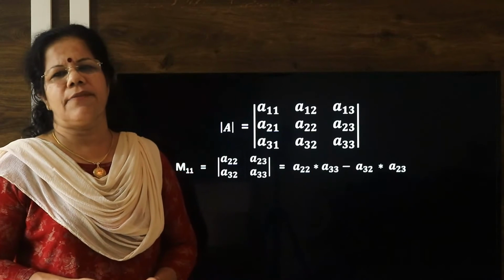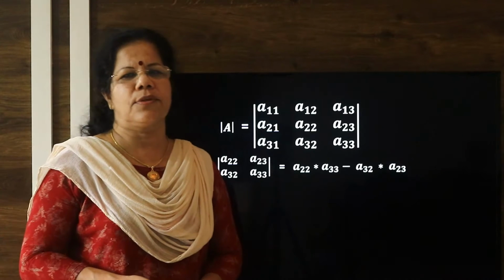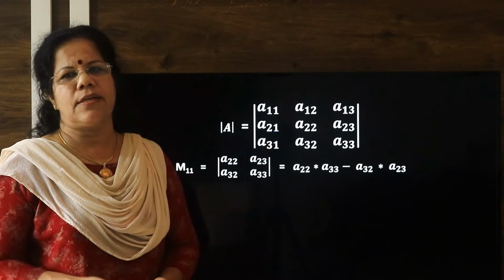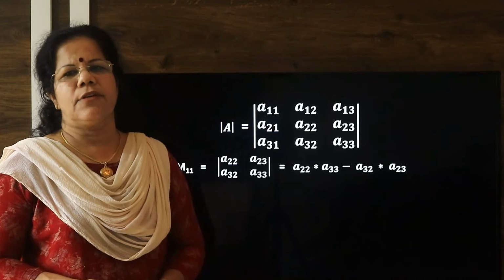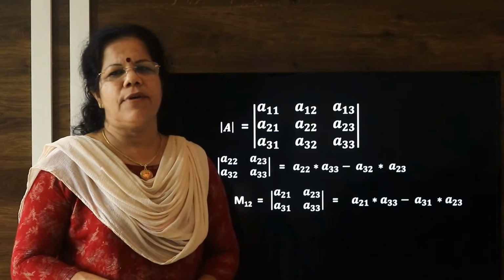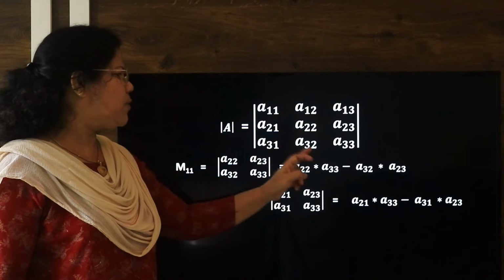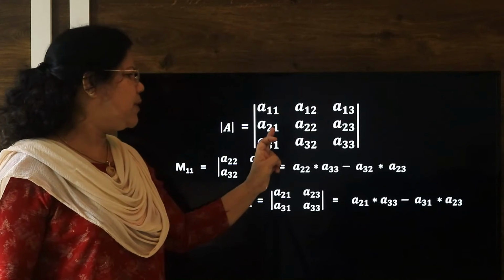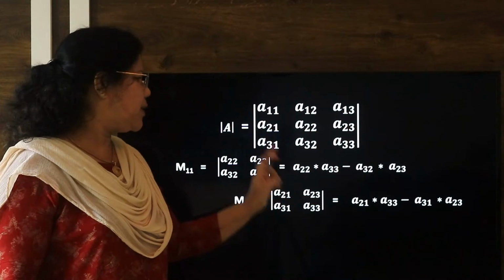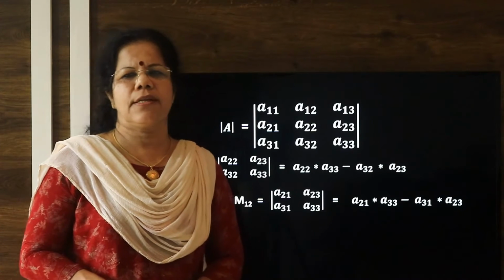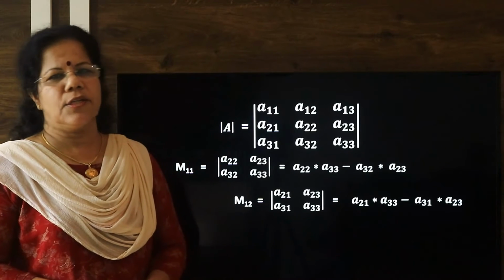So here M11 is A22 A33 minus A32 A23, by determinant expansion. Then what will be the minor of A12, which is M12? Delete the row and column, the remaining is A21, A23, A31, A33, and the expansion will give you A21 A33 minus A31 A23.